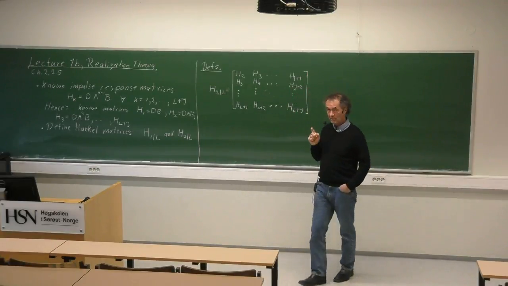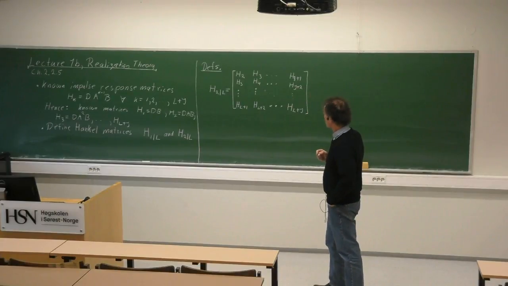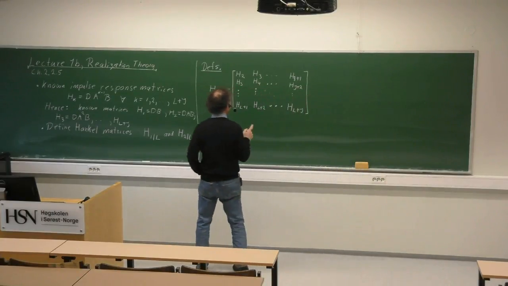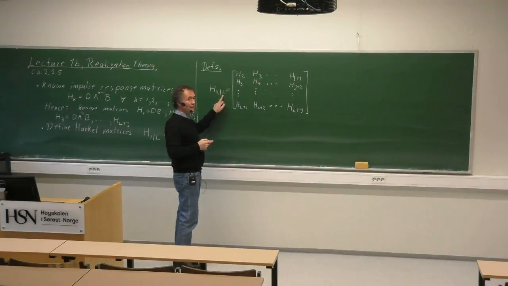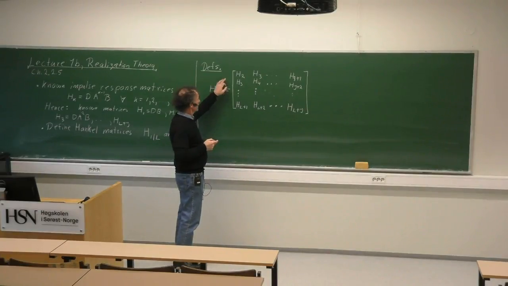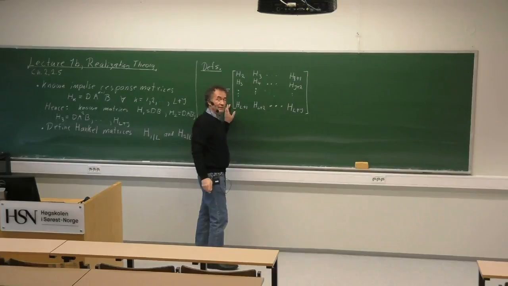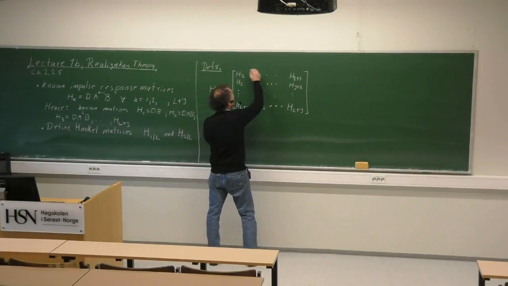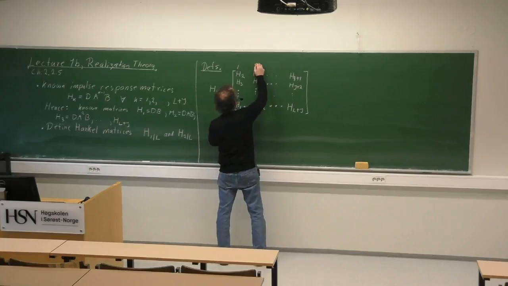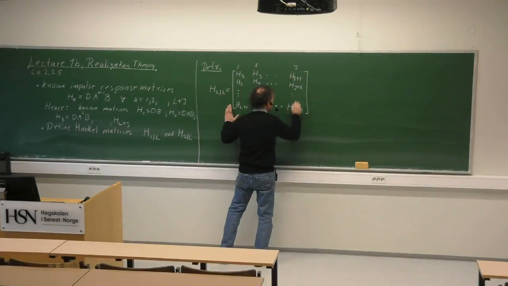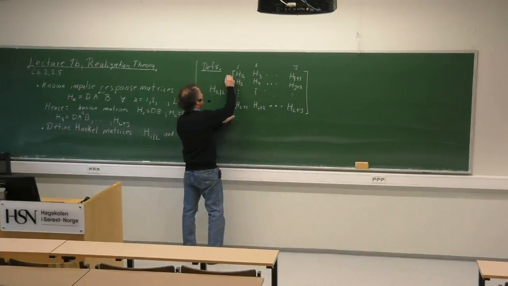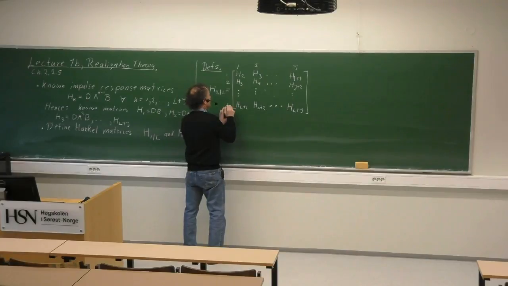I will also illustrate this with an example. And now you see, if L is specified, then L is the number of block rows, and J becomes the number of block columns in the Hankel matrix: column 1, column 2, and column J here. And block row 1, block row 2, down to block row L.